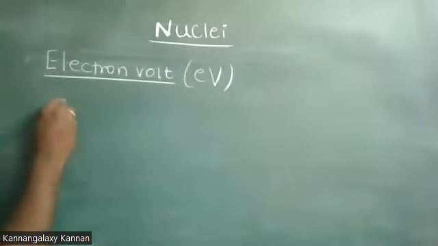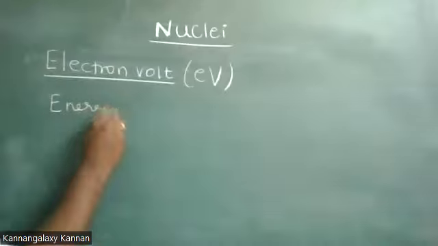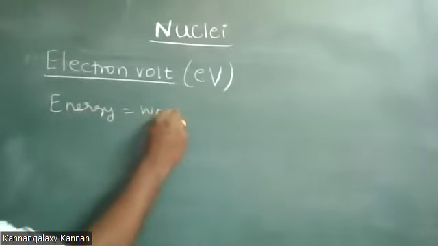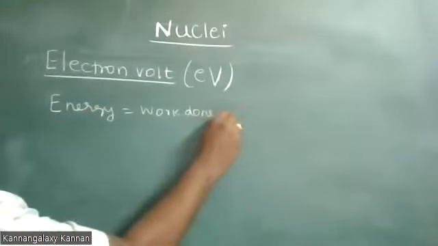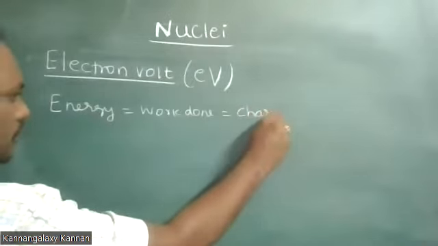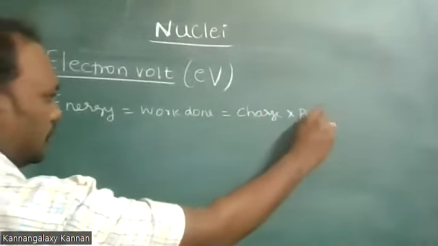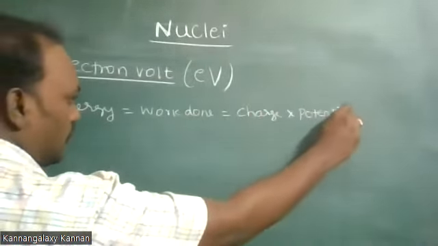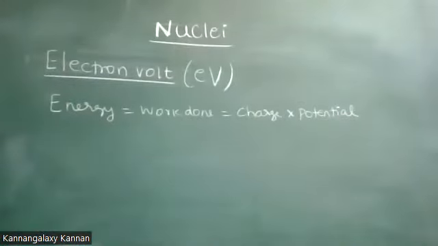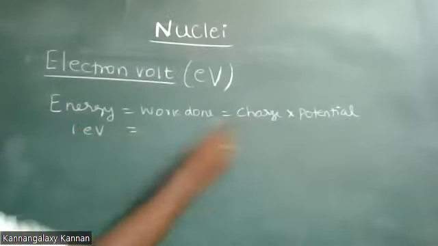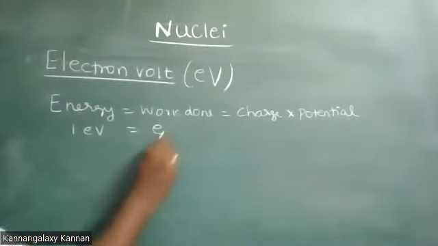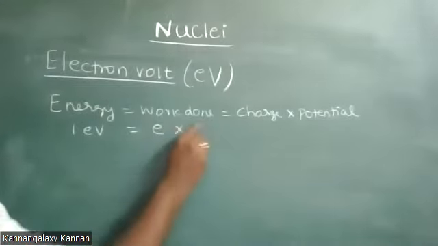So what is energy? Energy is nothing but work done. Work done is nothing but charge into potential. So 1 electron volt energy is when the charge of 1 electron is accelerated by a potential of 1 volt.